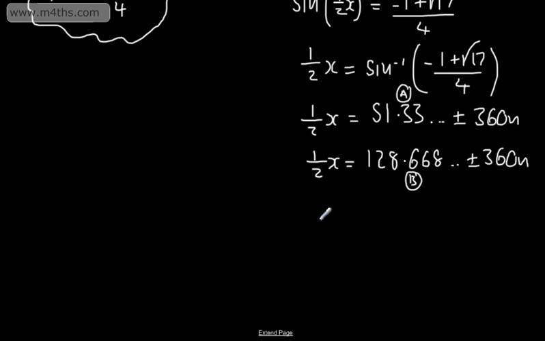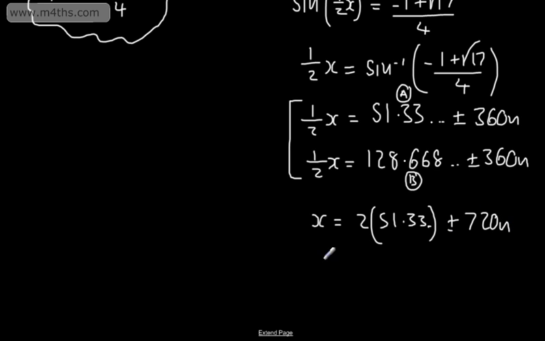What I'm going to do now is go to the next step, and we can say that x is going to be equal to 2 lots of 51.33 and so on, plus or minus 720n, multiplying this by 2.